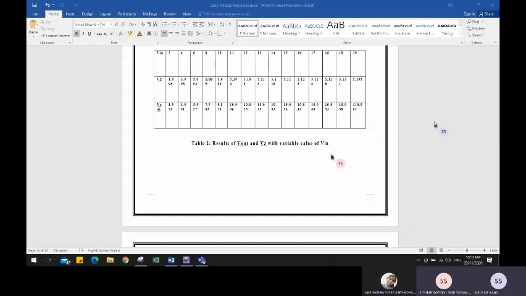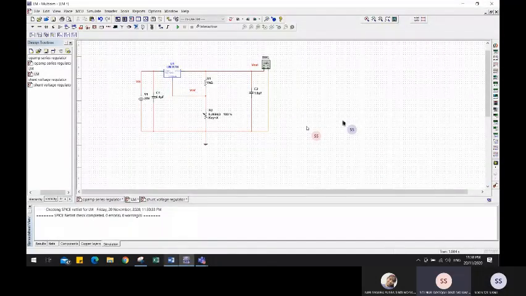So I'm going to explain the adjustable regulator. For the LM317 adjustable voltage regulator, this is our circuit.